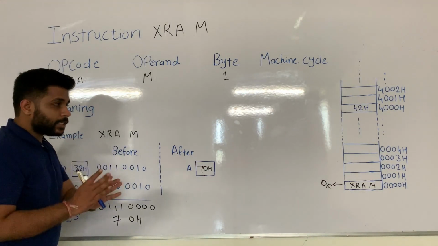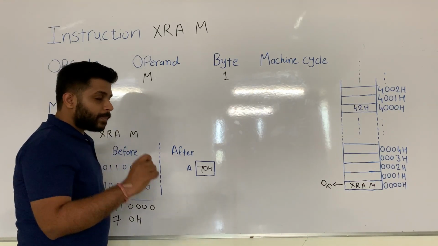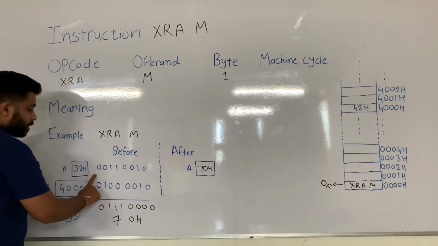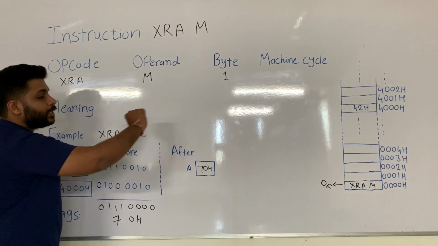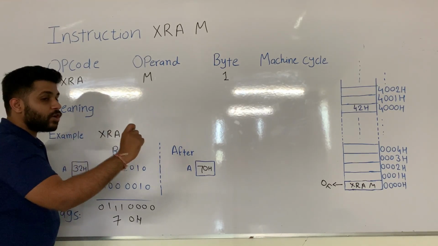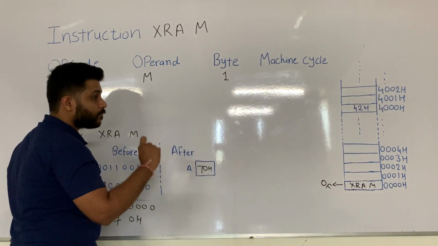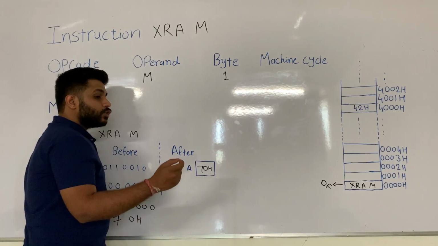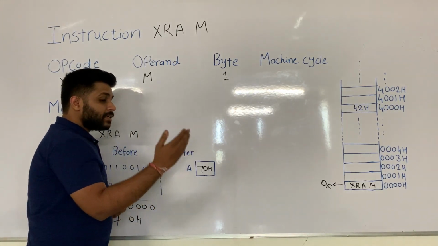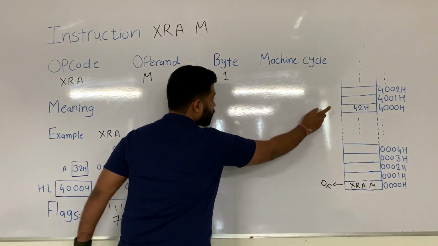Now during the execution, a logical XOR is being performed between two numbers, the accumulator and the content of the memory location. The processor cannot perform any task in the memory location directly. The processor has to read that memory location first. So to execute, the processor has to first transfer the data present in the memory location.